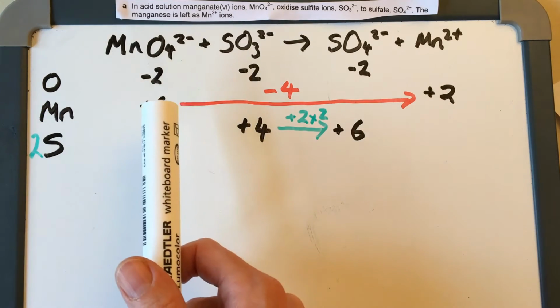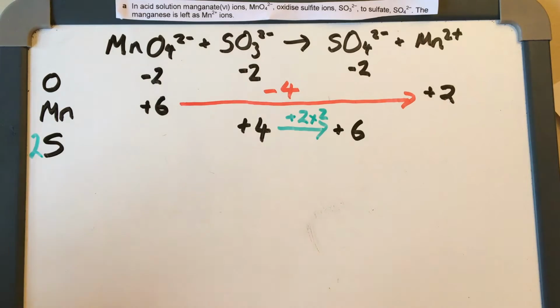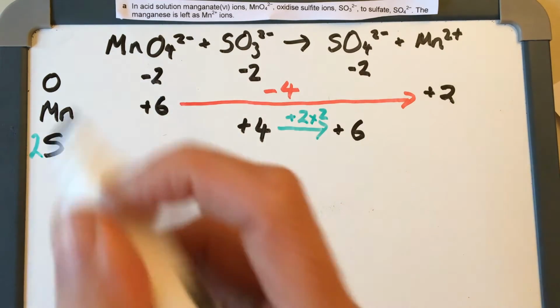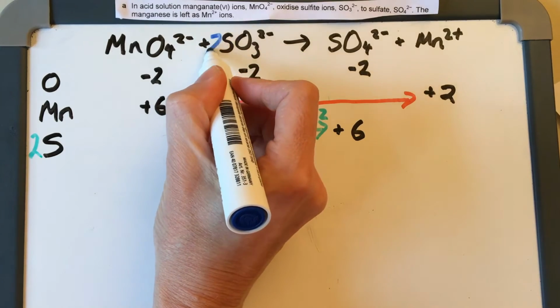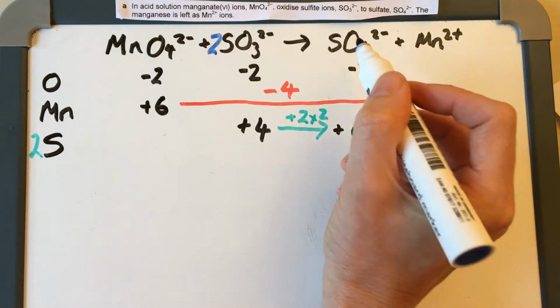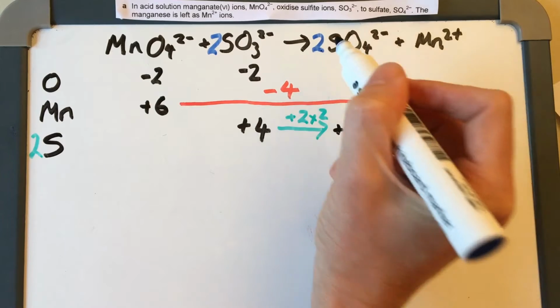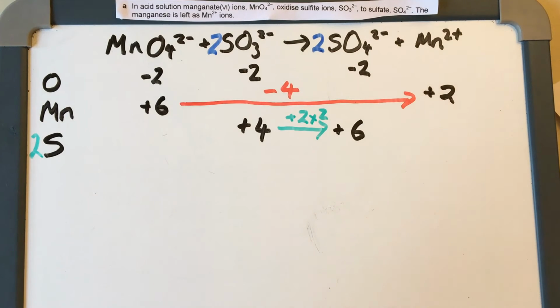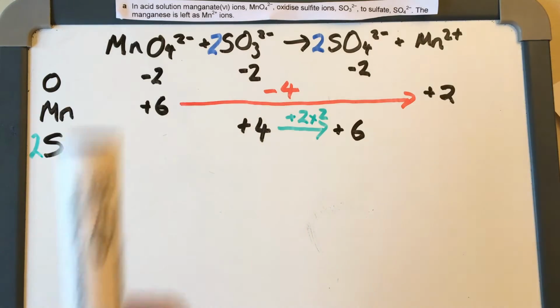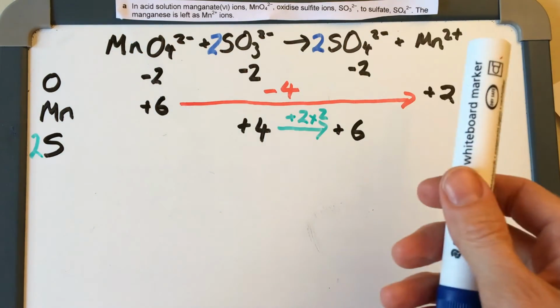The manganese has been reduced, so it has gained 4 electrons, so that balances. So I can see if I've got 2 sulfurs, that means I need 2 of the sulfites here, SO3 2-, and 2 of the sulfates there, SO4 2-. So to start with, we've now balanced these species we've got here.